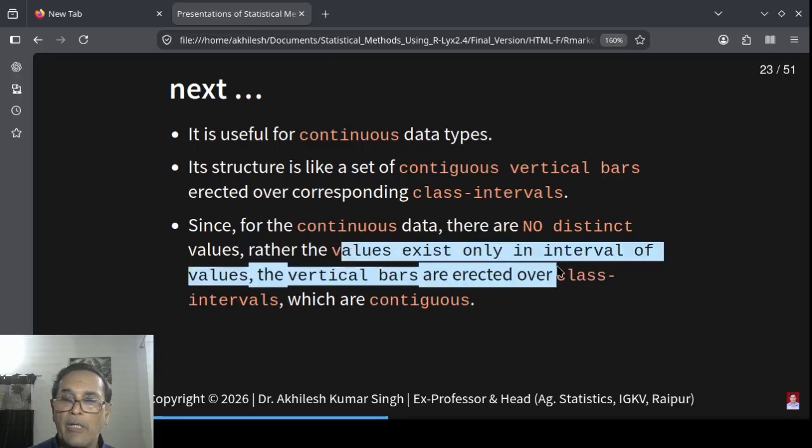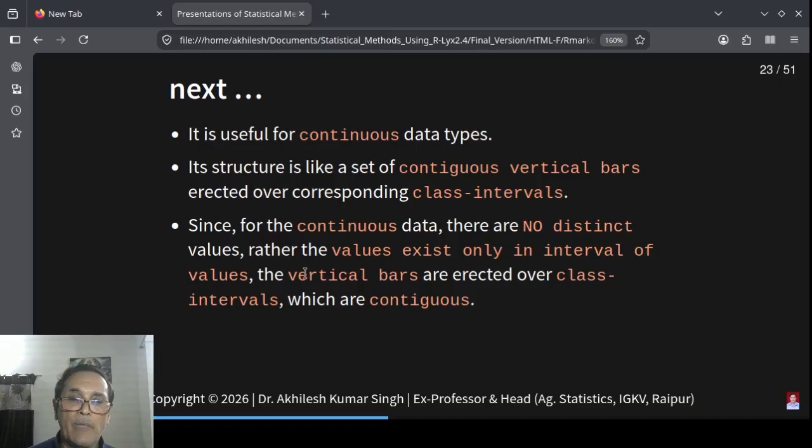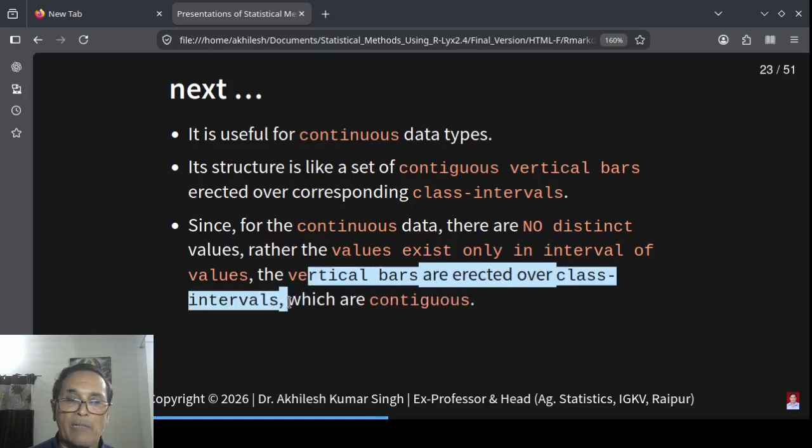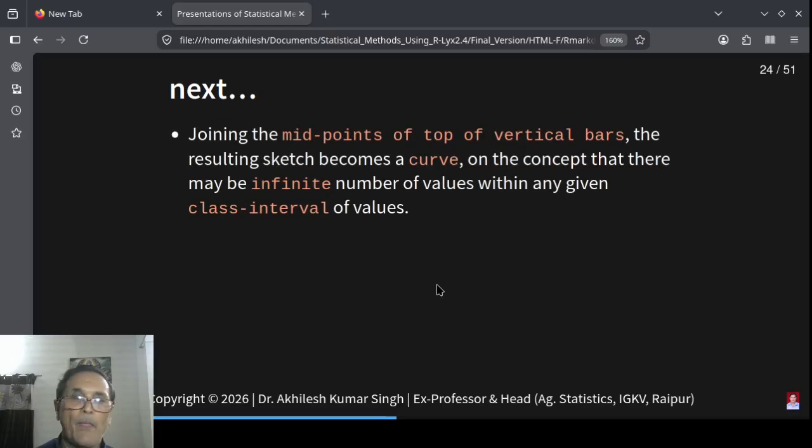Values exist only in the interval of values, and the vertical bars are erected over the class intervals, which are contiguous. Joining the midpoints of the top of the vertical bars, the resulting sketch becomes a curve, on the concept that there may be an infinite number of values within any given class interval.